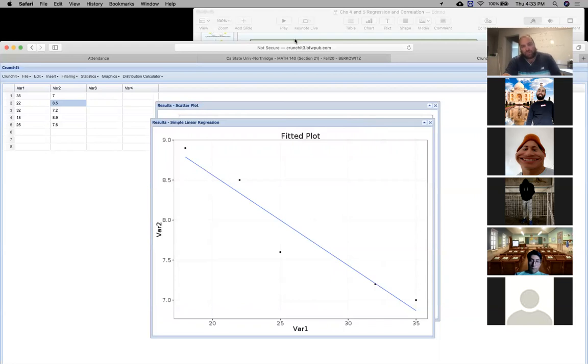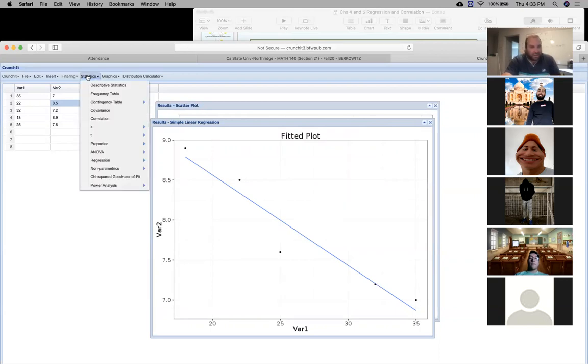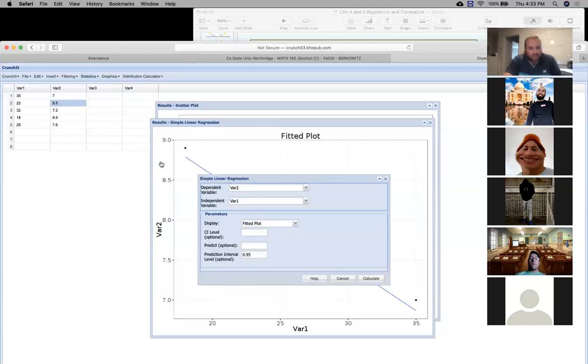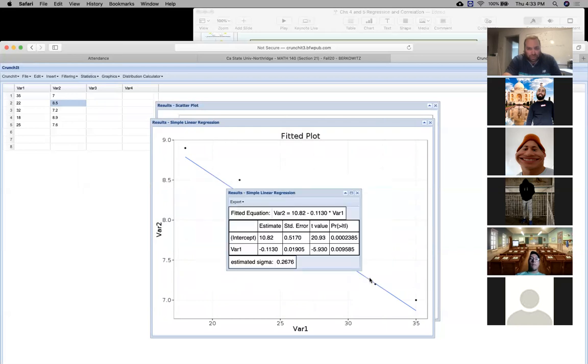It's hard to describe. Well, when I give you the technical definition of what we're doing when we compute a best fit line, hopefully that will make more sense. But from a mathematical standpoint, this is the best fit line. And if I go back to regression, simple linear, and say, give me numeric results, you'll see here, variable 2, y, equals mx plus b.